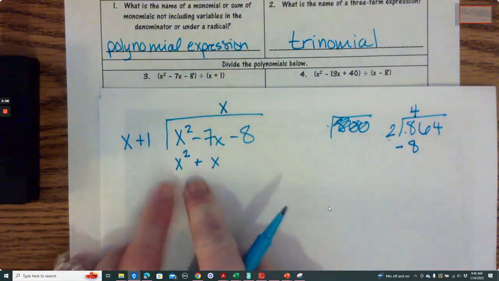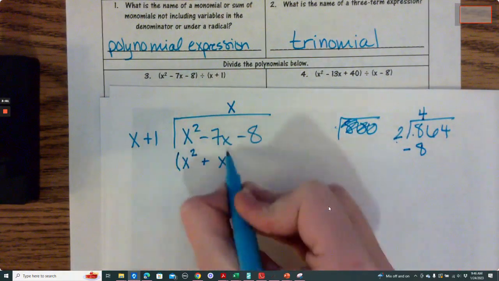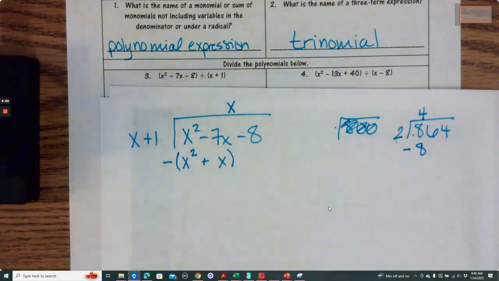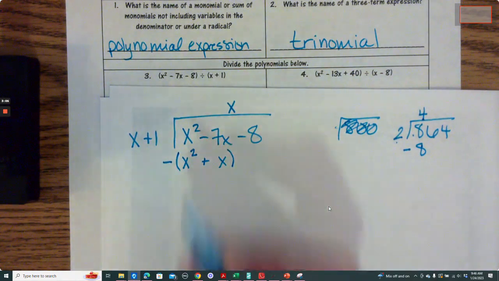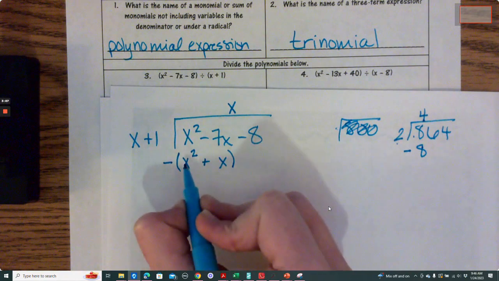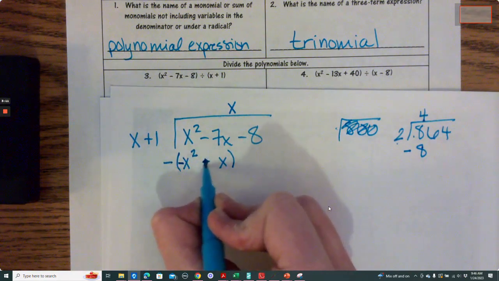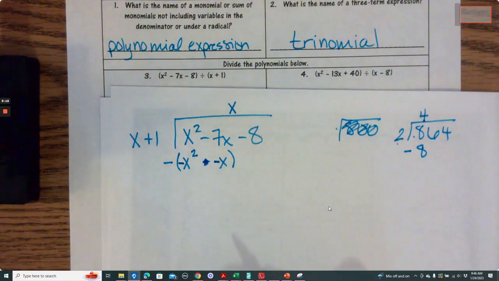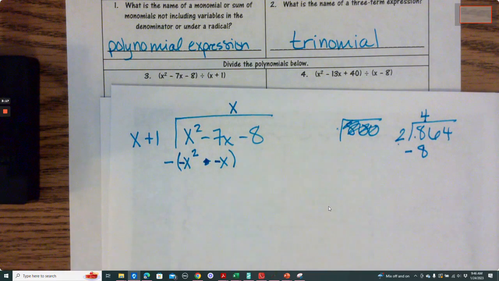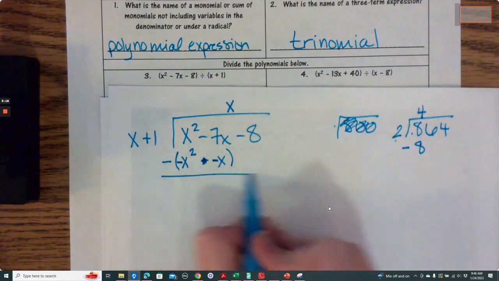You do the same thing here. You have to subtract this. So what that means is it changes signs. So if they're positives, they become negatives. Okay? That's the difficult part of this.